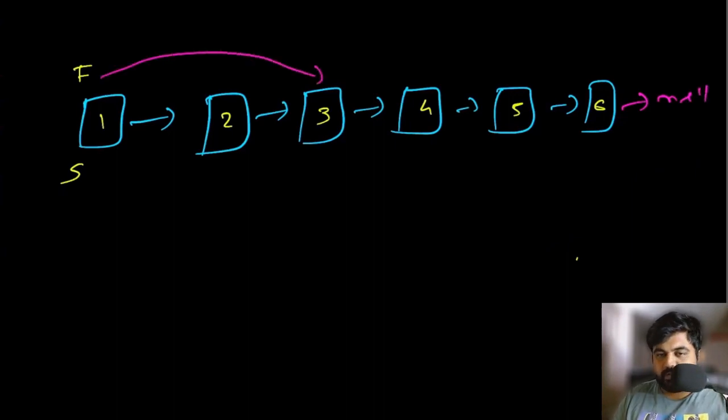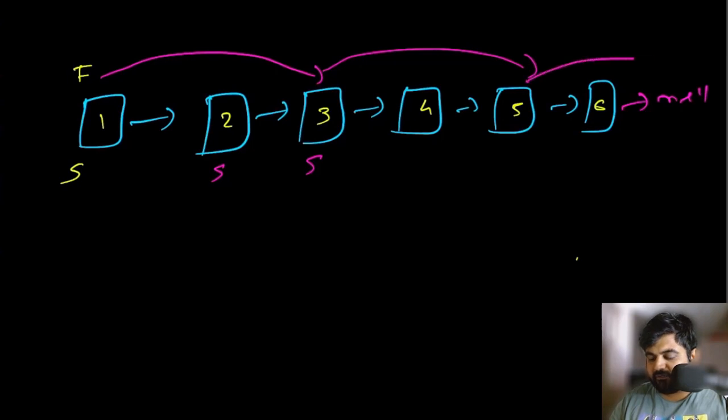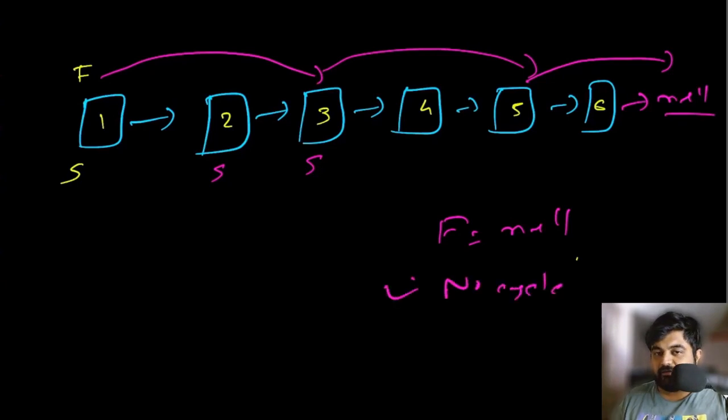Fast pointer would come over here, meanwhile slow pointer would come over here. Again fast pointer would come over here, meanwhile slow pointer would come over here. Now from this position, if fast pointer moves to the next element, it would encounter a value that is null. The moment fast pointer encounters a value that is null, we can immediately say that there are no cycles. So that took care of the scenario where there are no cycles. We can already solve this one.